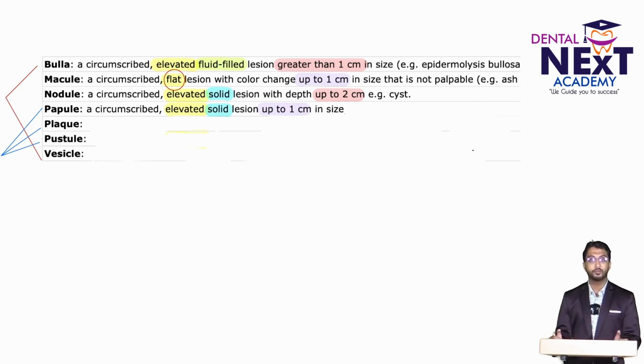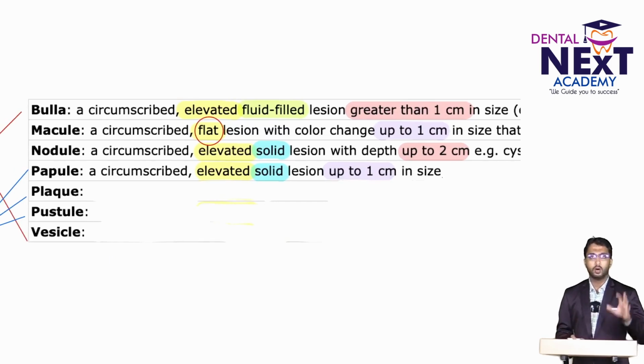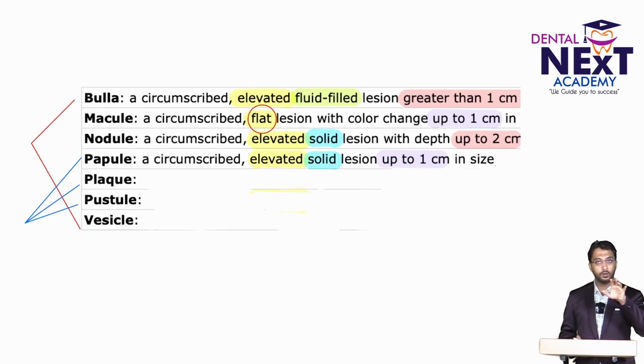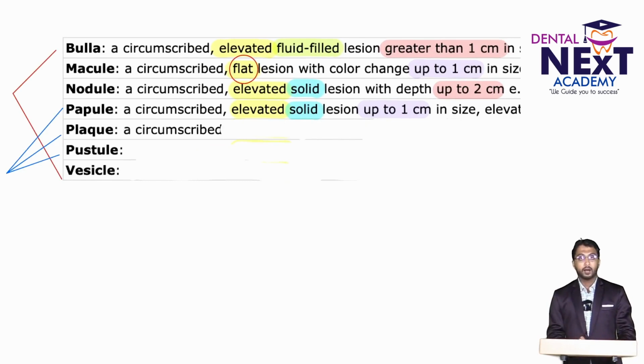Plaque is confluence of different papules. So again, we saw fluid filled lesions can be vesicles or bullae depending on size, greater or less than 1 centimeter. Then flat macule. Nodule is elevated but solid, up to 2 centimeters. If up to 1 centimeter, it is papule. What is plaque?